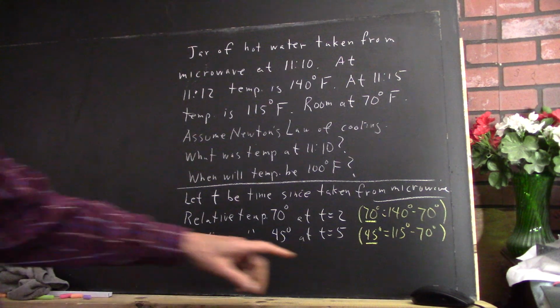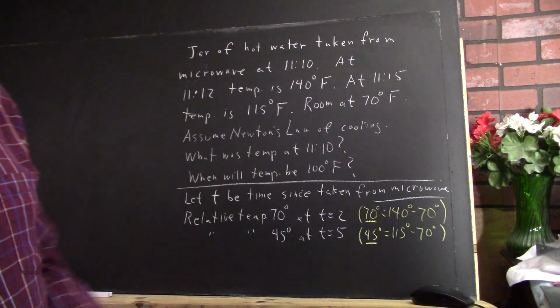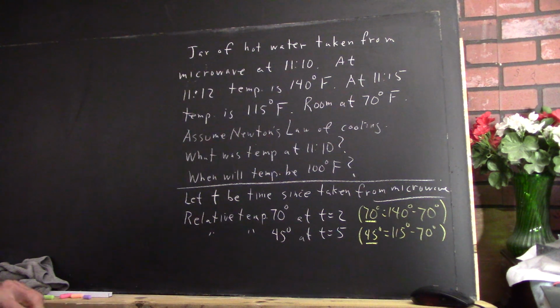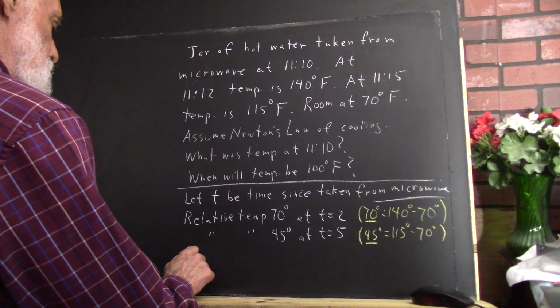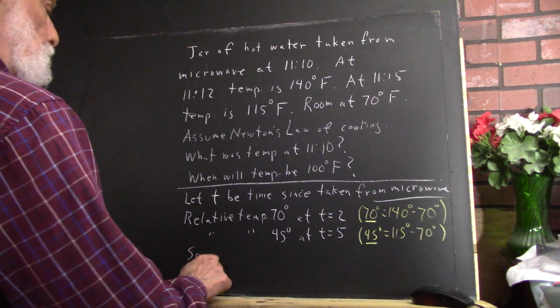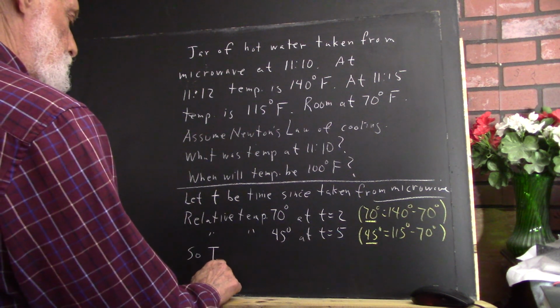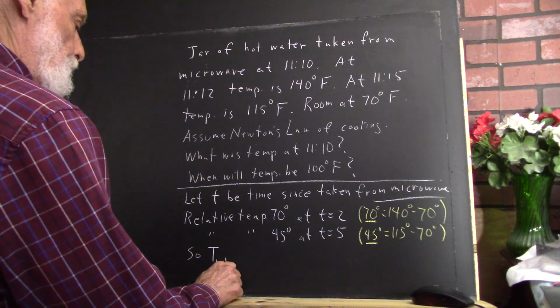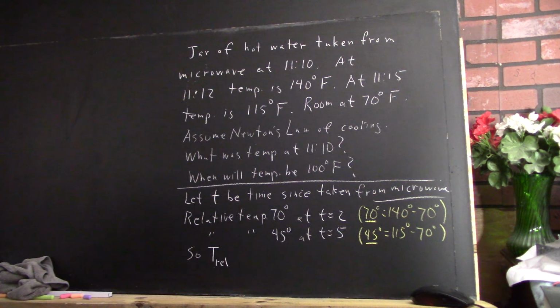We've got to subtract the temperature of the room from the temperature of the jar that's cooling. So temperature, and I'll write REL down here for relative temperature.